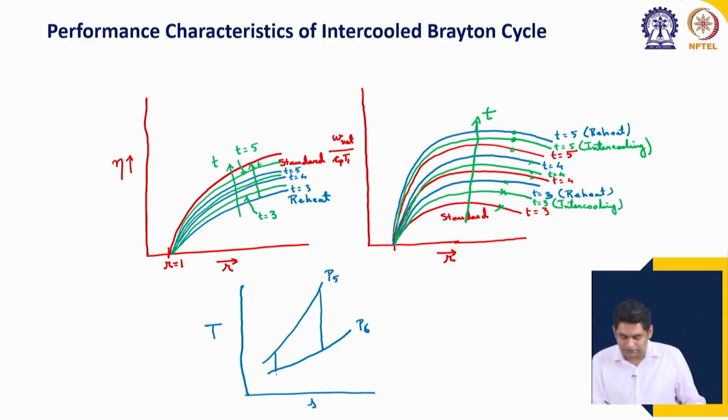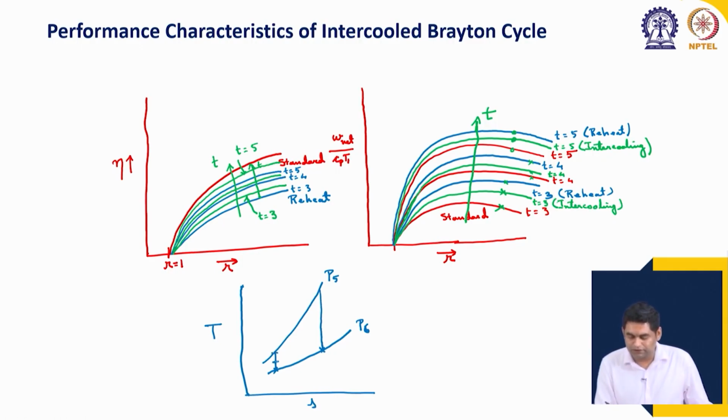Now, any changes which is made in this region at lower temperature will mean that the effect is lower as compared to any corresponding similar changes made in this high temperature region, because here any changes will lead to more significant changes as compared to this.